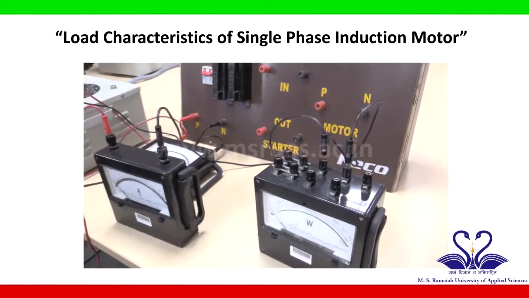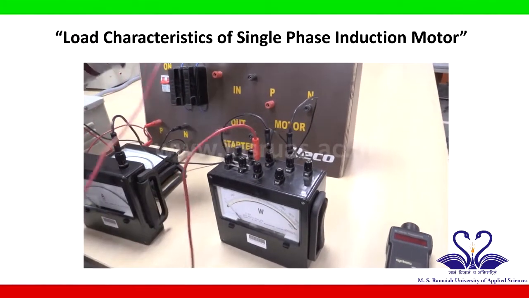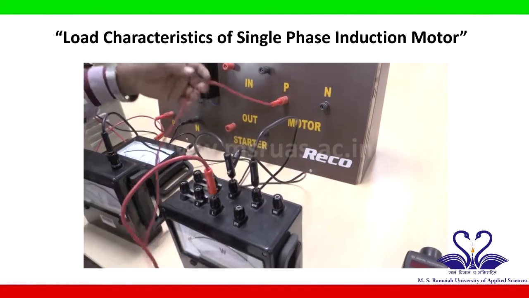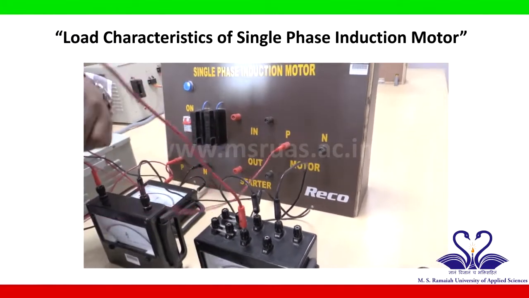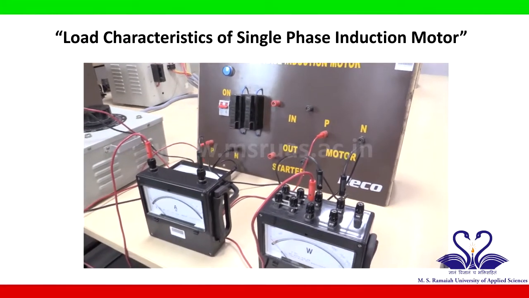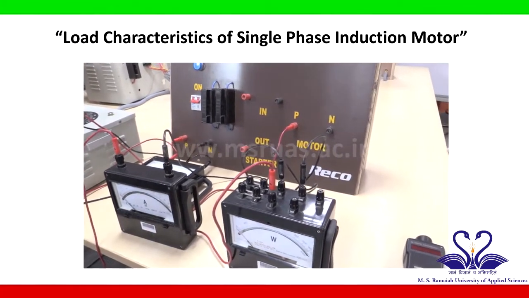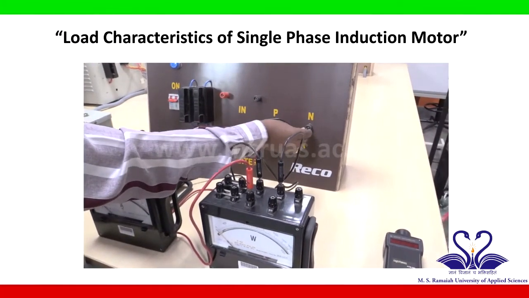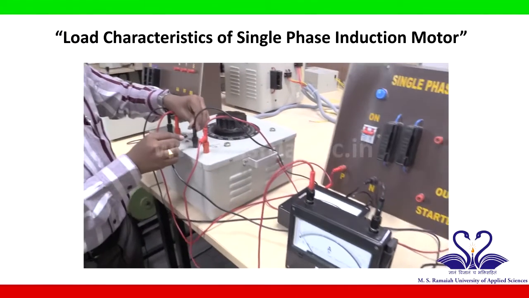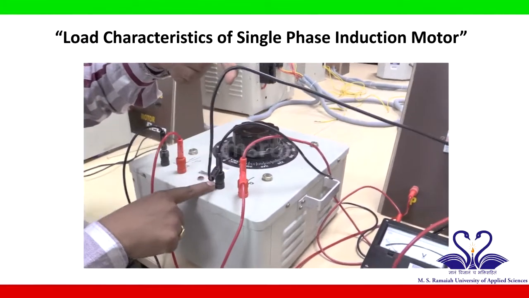Now connect wattmeter L to the motor P. So this wattmeter L to motor P, and then motor neutral terminal to the output of the variac neutral terminal, that is N to N. So just to follow the color notation, neutral to neutral.